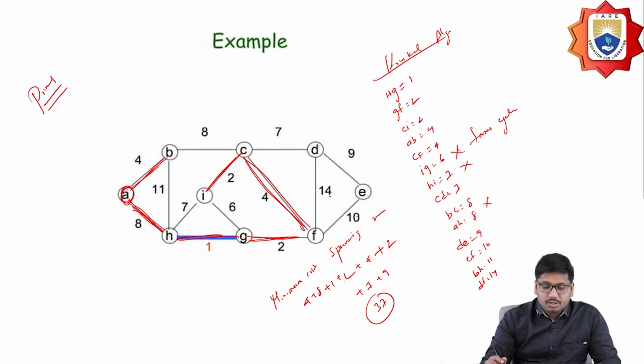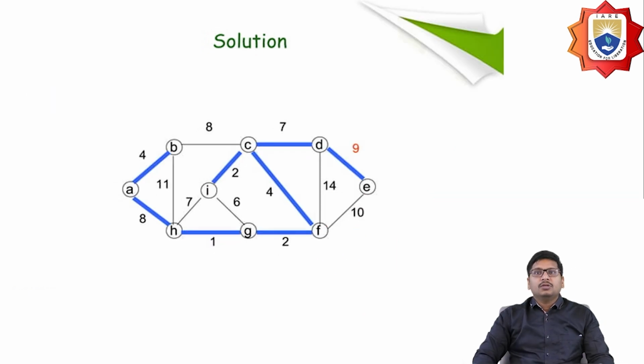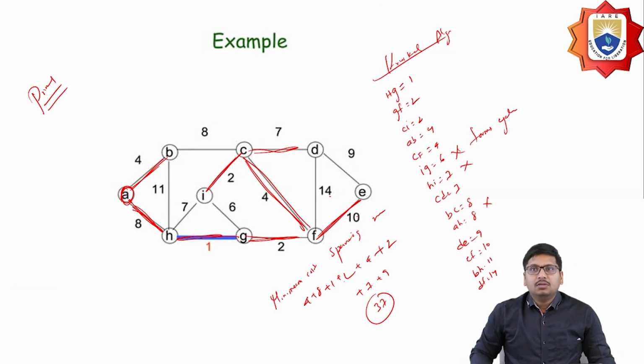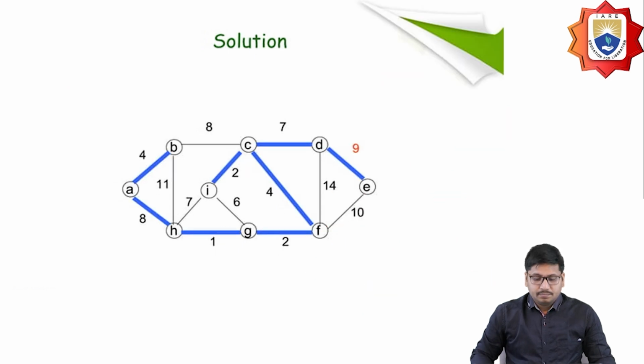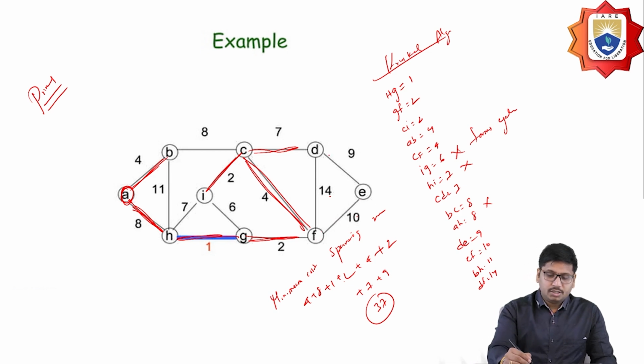And from 6, C, CD, EI, EF. So sorry, instead of this one, I can select this 9.